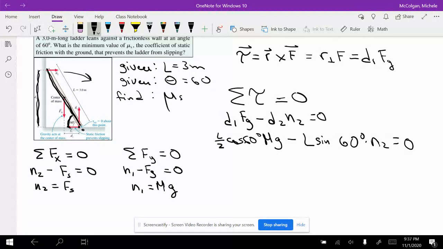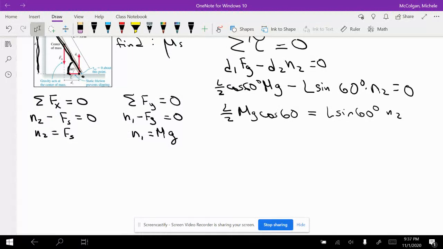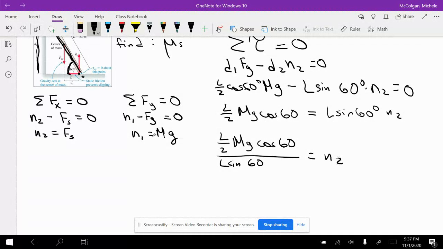Okay, so if we want to solve for N2, then we can say this is L over 2 times mg cosine 60 is equal to L sine 60 degrees times N2. So we divide L sine 60 from both sides, and we get L over 2 mg cosine of 60 divided by L sine of 60 is equal to N2.